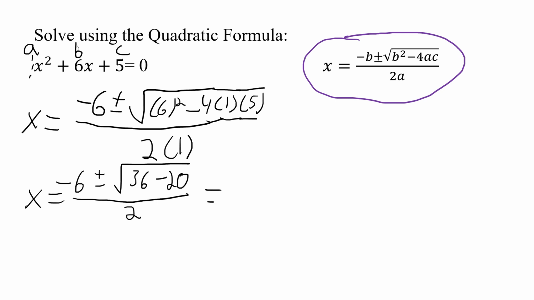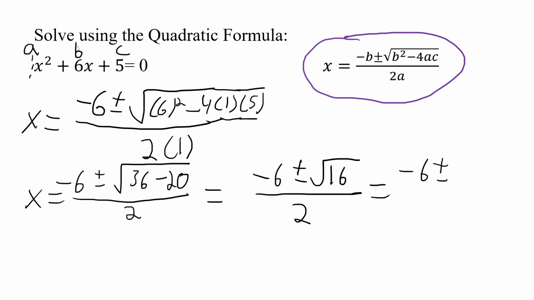And what happens after that is we still have negative 6 on top, plus or minus the square root. What's 36 minus 20? You can do this in your calculator if you don't know, but what you'll get is 16. We know that the square root of 16 is 4. So now we have to break this up into two new problems.